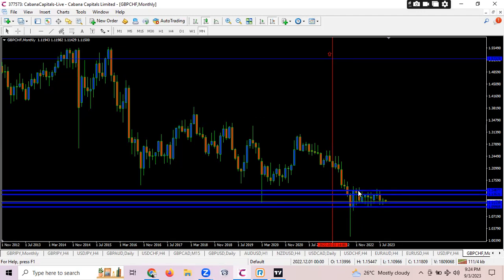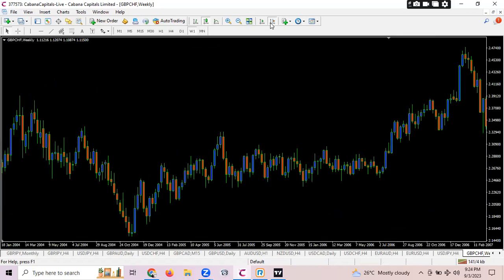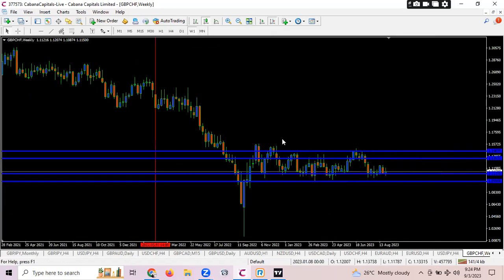That's my take on GBP CHF. If you buy above this zone, sell below this zone. Let's see what we have on the weekly time frame. See, it has been in a range for some time. So that's it on GBP CHF. If this resistance is broken, buy. Support is broken, sell.